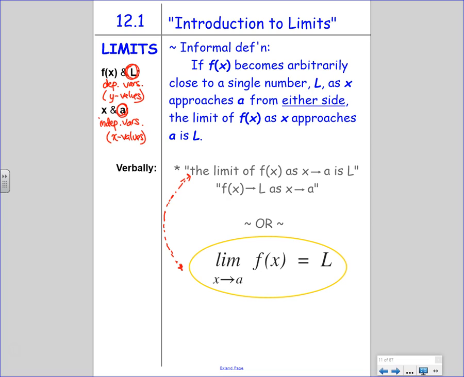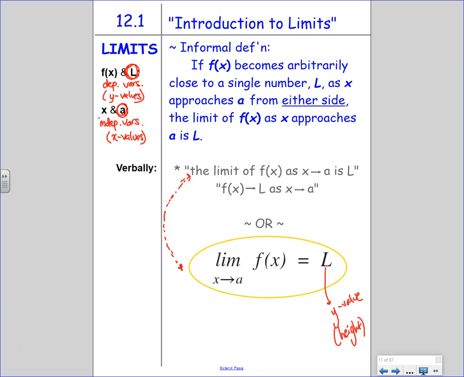Okay? L is a Y value, and A is an X value. So, if you're given a problem, and it says find or solve for, or what is the limit as X approaches A of F of X, what kind of answer are we looking for? A Y value. Or you can think a height, if we're looking at a graph.